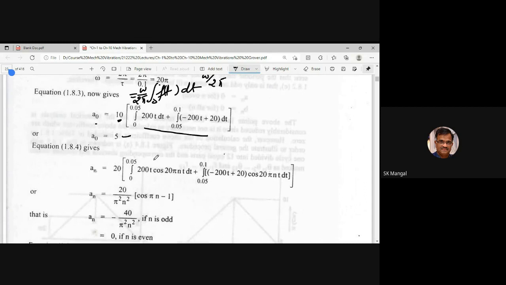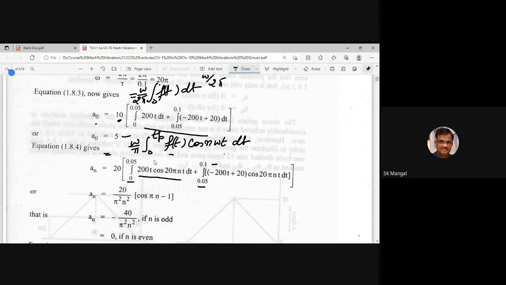Similarly, if you want to find a n, for a n you are having omega upon pi, integral from 0 to Tp of f(t) into cos n omega t into dt. So again you are having two components for f(t), 0 to 0.05 and 0.05 to 0.1, and then you have this formula here, 200t, this one here.